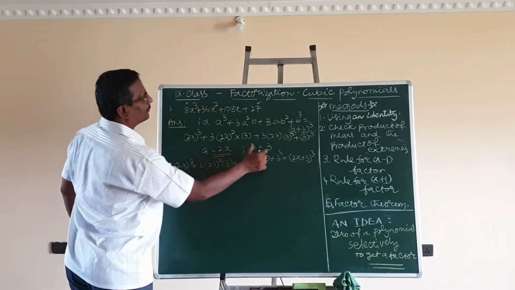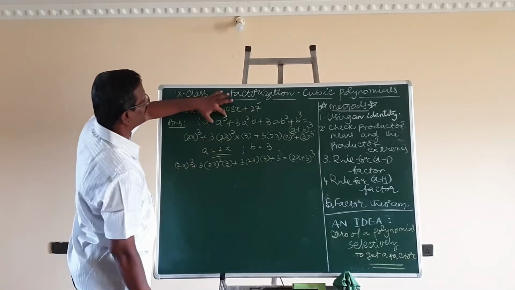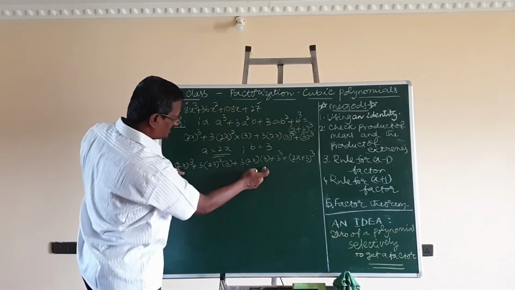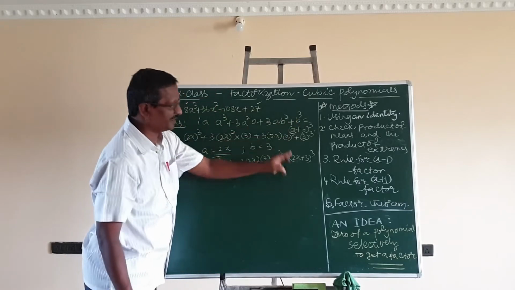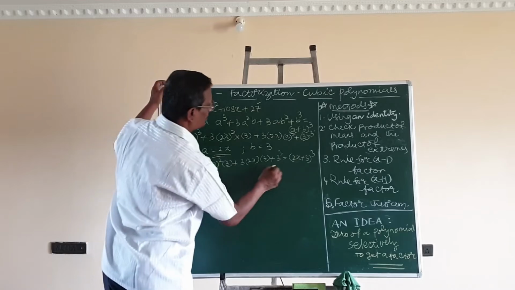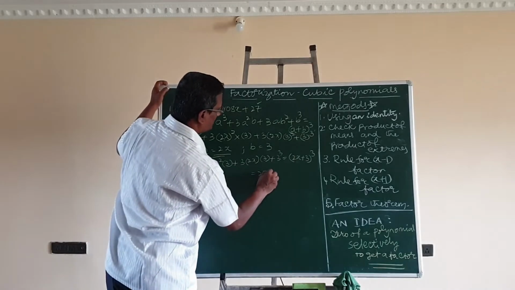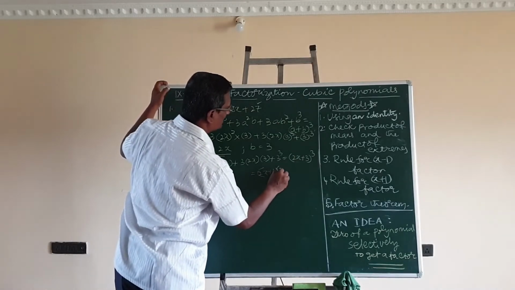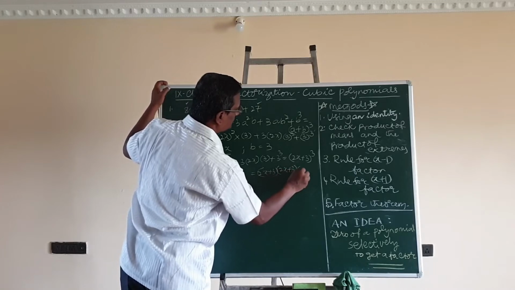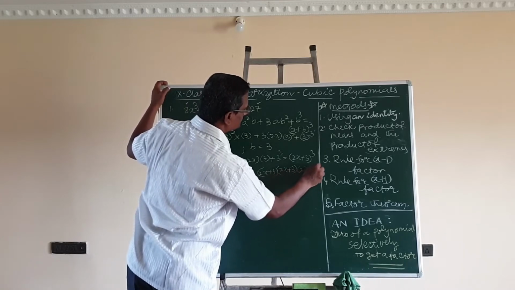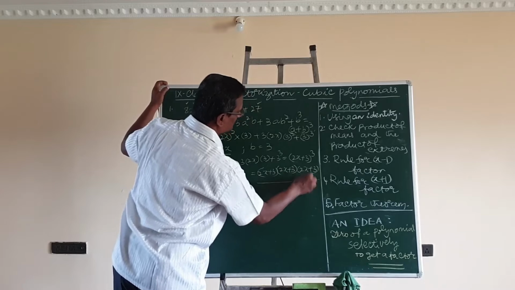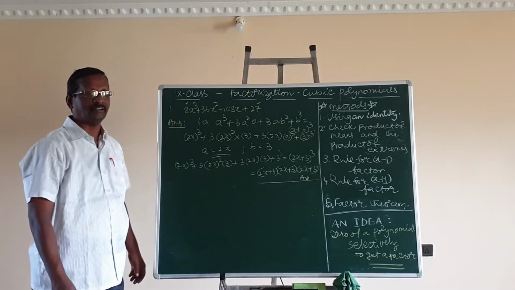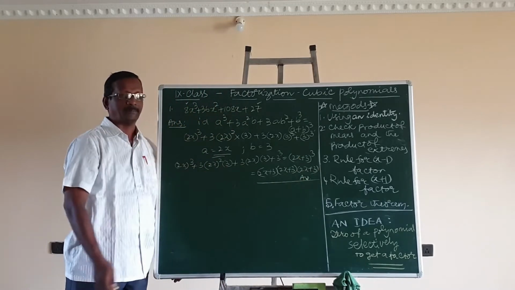A value 2x, b value 3, I have substituted in the identity. LHS is exactly the question, RHS is the answer. This we can also write in the form of 2x plus 3 into 2x plus 3 into 2x plus 3. This is the answer. When you apply the identity, just in 2 steps you get the answer.